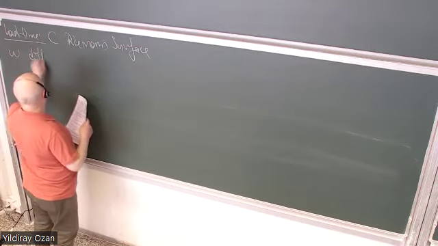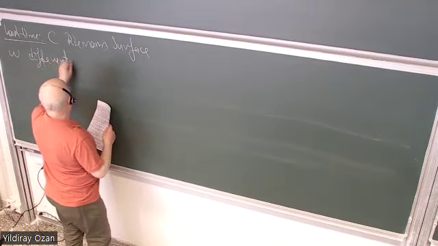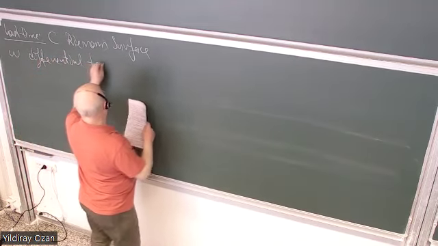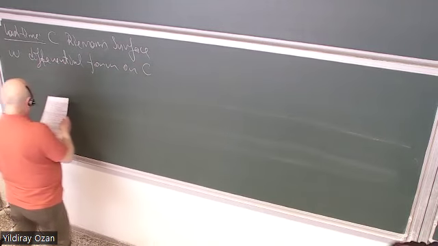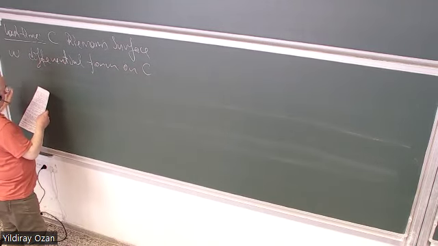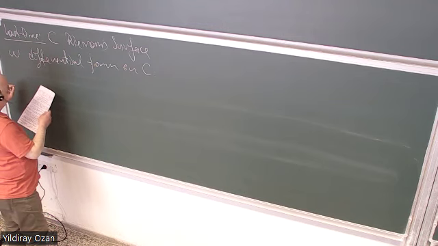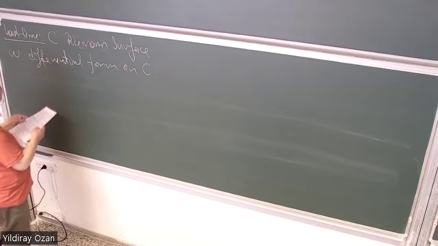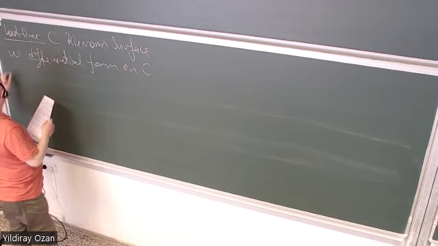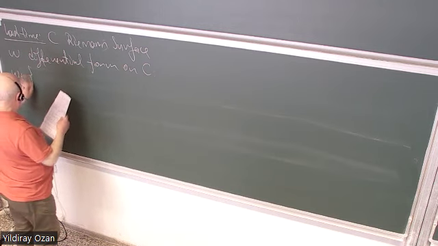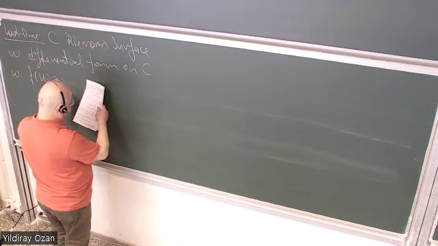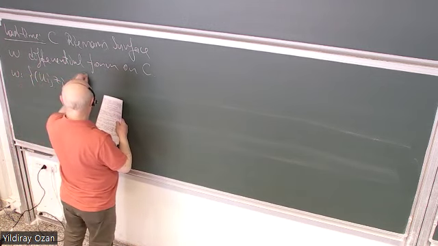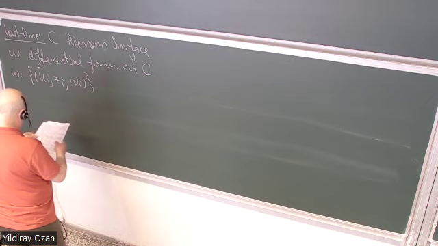A differential form on C. So what is this? This is given by data like this: a collection of open sets, so a coordinate system, and W's.